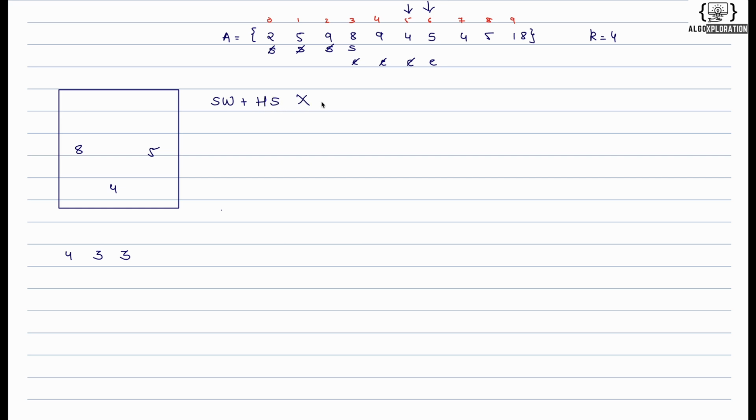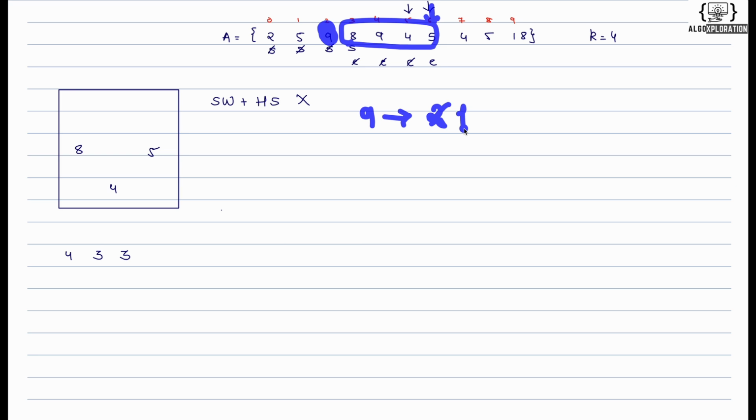Now how can we correct it? When I was looking at this window, I was deleting this 9. Till this point, the frequency of 9 was 2. And when I delete this 9, the frequency will be 1.